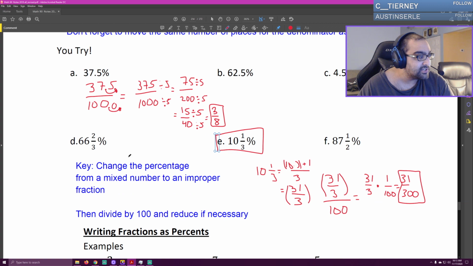For a mixed number percentage, you're first changing it into an improper fraction, dividing by 100, which is the same as multiplying by 1 over 100, and then reducing it down appropriately. It's a lot easier that way because it follows the same method that we talked about before with fractions with mixed numbers. Change it to an improper fraction and then do the calculation with it.